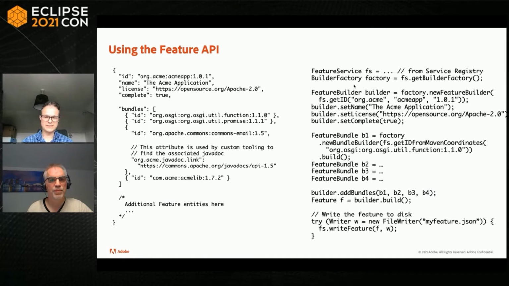The API on the right is basically used to create the feature on the left. I left out some of the details, but basically you obtain a feature service from the service registry, and then you can start building your feature using builders that you obtain from this feature service. And finally, you can use the feature service to write the feature to disk or to read it from disk.